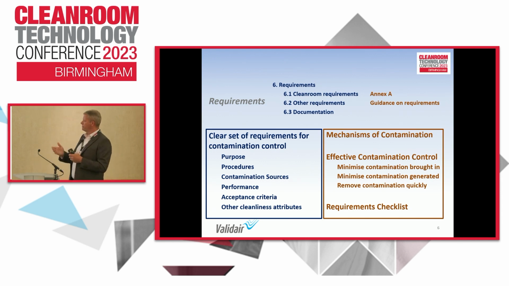The real obvious things: minimize the contamination that gets in the room, minimize the contamination you generate in the room, and the contamination you do generate, get rid of it quickly. That's the focus. Each of the sections has a requirements checklist, a tick box at the end of each of the annexes that you can use to say, have I considered this, is this relevant?